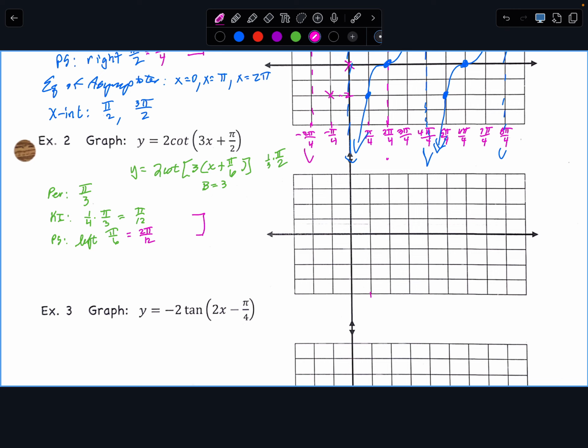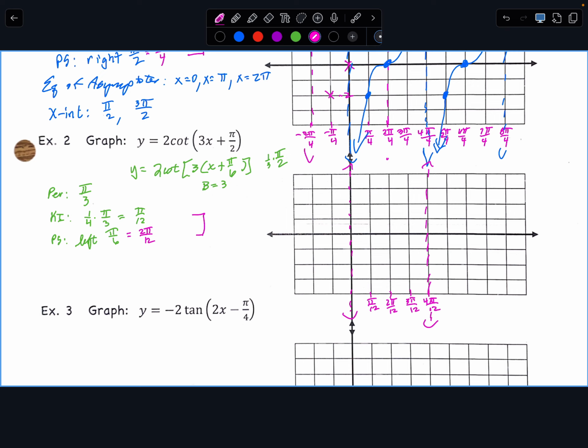And so for cotangent, you would start, before phase shift, with an asymptote on the y-axis. And then you've got pi twelfths, 2 pi twelfths, 3 pi twelfths, and 4 pi twelfths. And at that fourth key increment, you would have another asymptote, which is the length of the period.